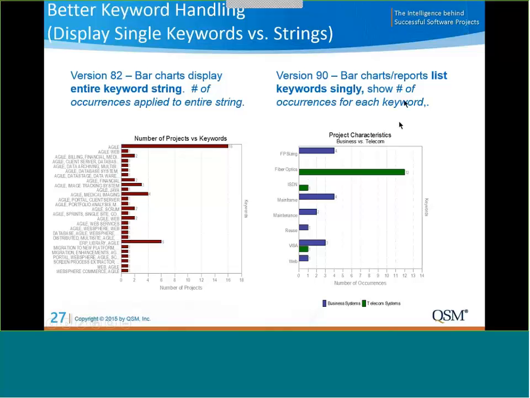In 9.0, the bar chart and reports list now supply the keywords and true count of those occurrences across your projects. So much more meaningful information. And I think it promotes the use of keywords as an easy way to tag information and quickly zero in on what you're looking for, or create subsets of your database that are meaningful to do some in-depth analysis.